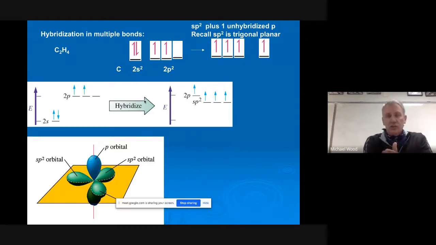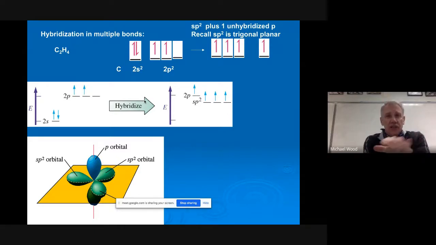We're still going to do the same process. We're still going to count the electron domains, and that'll determine the hybridization. But there's going to be one extra bond if it's a double bond. Well, that extra bond is going to be called an unhybridized p, and I'm going to show you that.